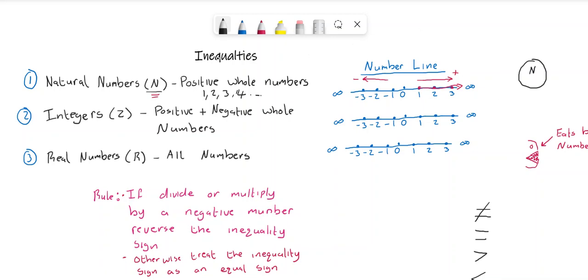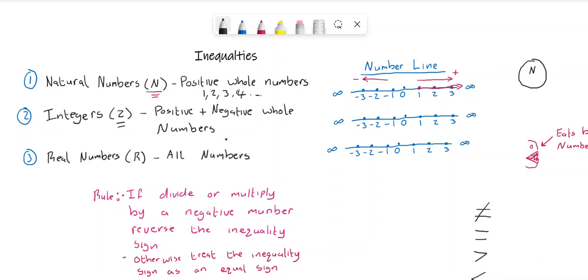The next one then are integers. Integers are represented by the letter Z. Integers are all of the positive and negative whole numbers. So it would include the set of all natural numbers, and then it has the additional negative whole numbers. So it goes in both directions.